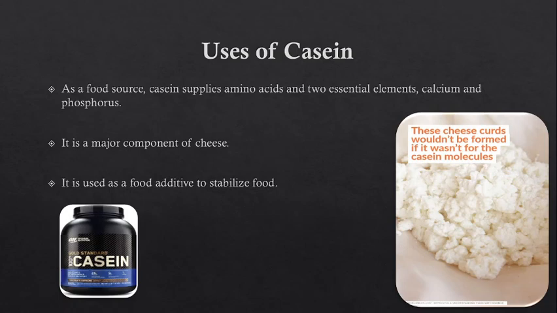Cheese, everyone loves to eat cheese. You know that cheese is made from milk, and that casein is present in milk. So casein is a major component of the cheese.